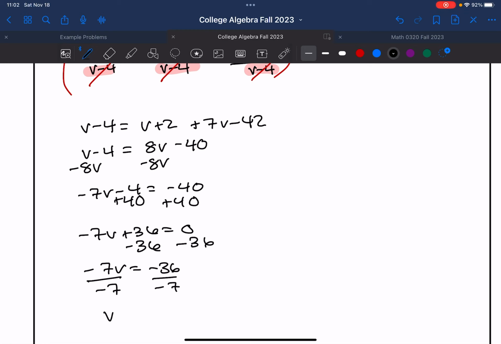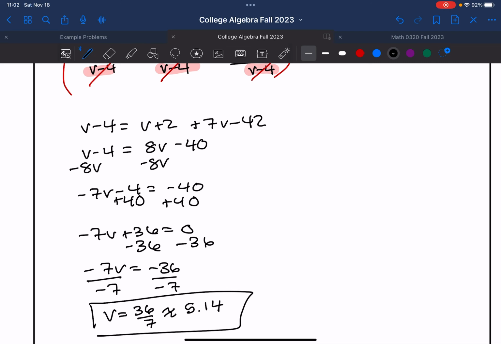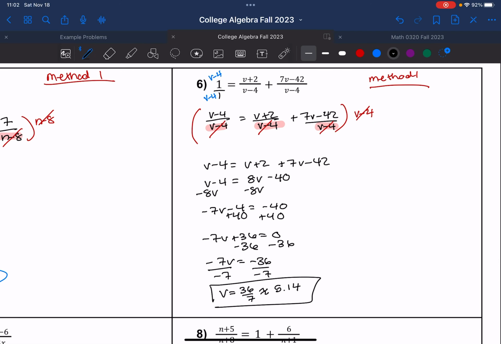So I'm left with v is equal to 36/7, or the equivalent in decimal form is about 5.14. Okay. If I plug in that 5.14 into this right here, I would have 5.14 minus 4, which is not 0. Since I do not get 0, this is my answer.